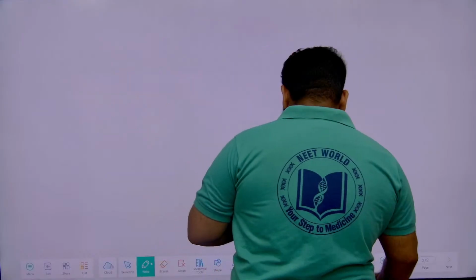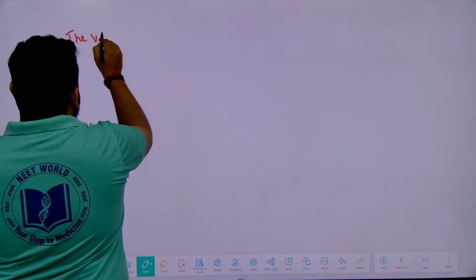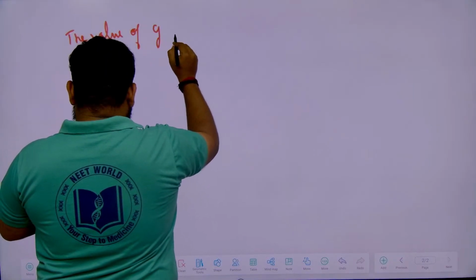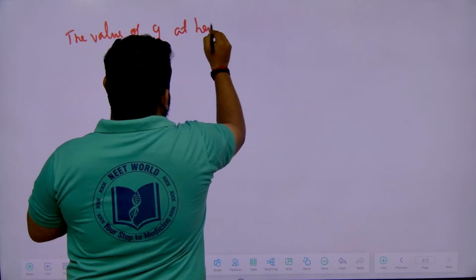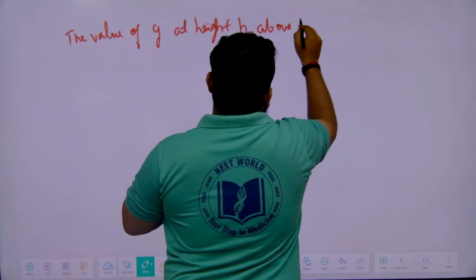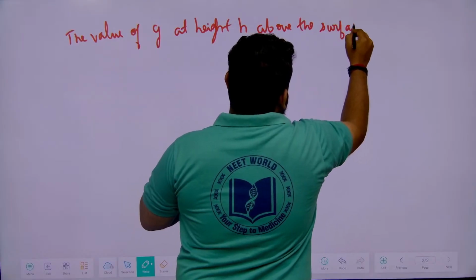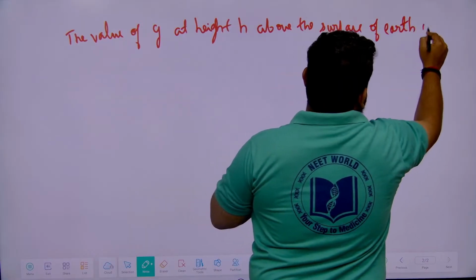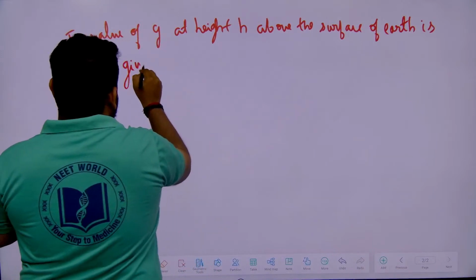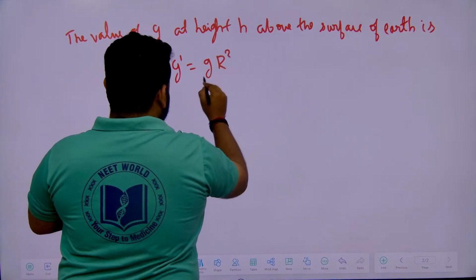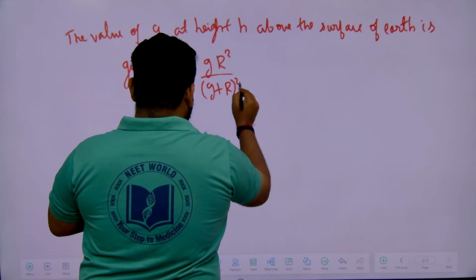They have given that the value of acceleration due to gravity, which I will write as just g, the value of g at height h above the surface of the earth is given by g dash is equal to g r square by (h plus r) whole square.